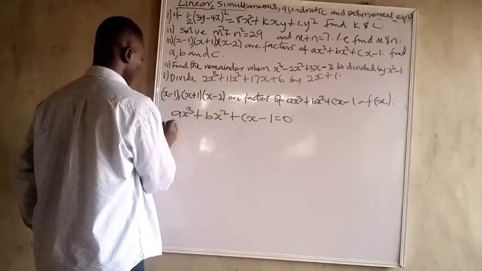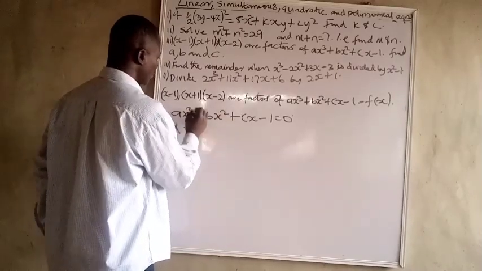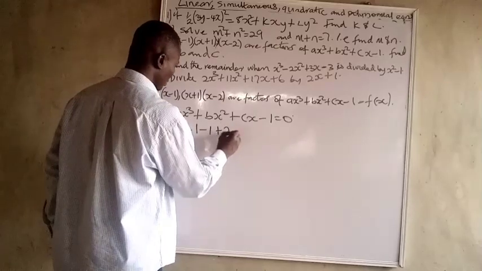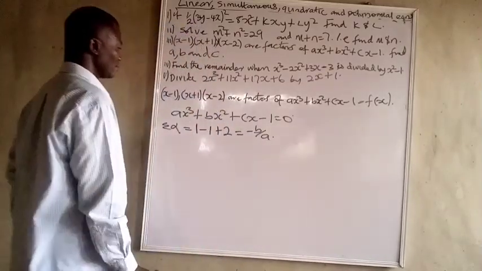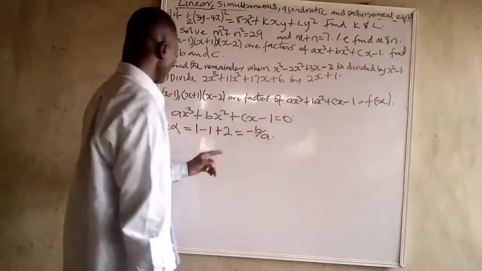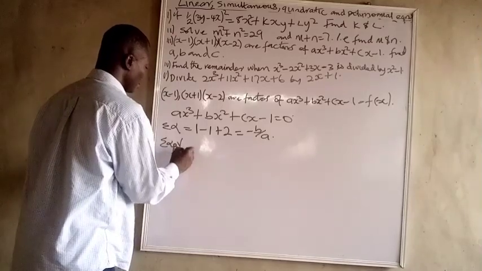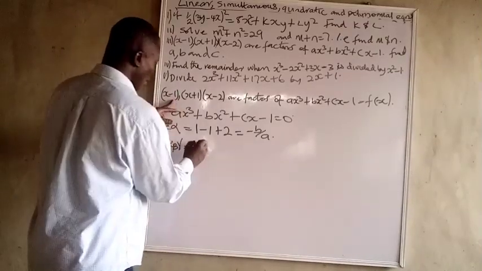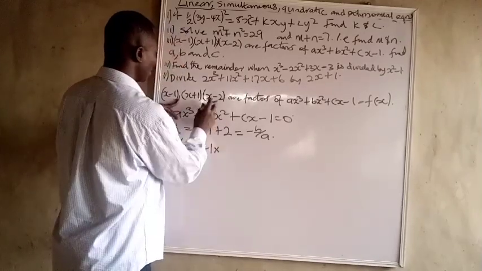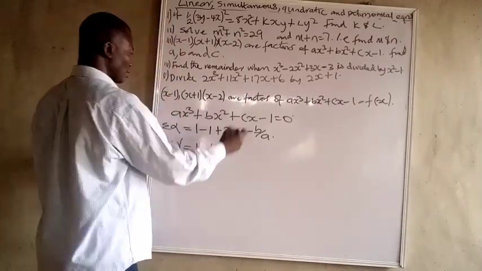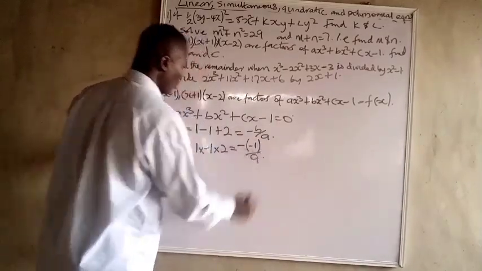What is the sum of these roots? 1 minus 1 plus 2 will be equal to minus b over a. That's minus b over a. For the product of the roots, 1 times minus 1 times 2 is equal to minus 1 over a.